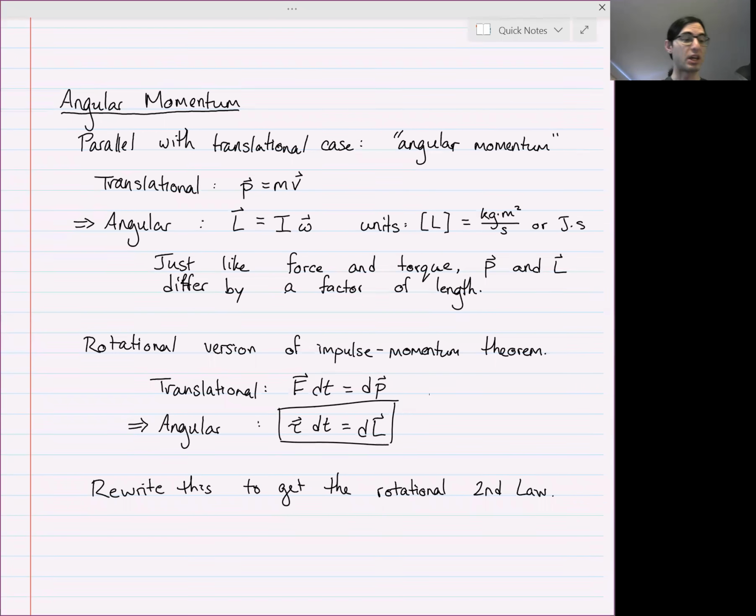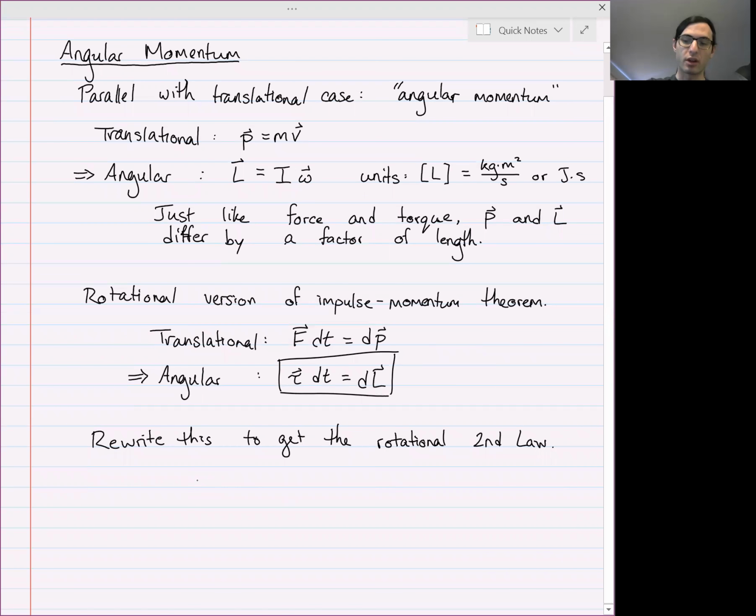So we can do the same thing here. We start with torque times dt equals dL, and so that leads us to torque is equal to dL/dt. And that's just another form of the rotational second law of motion.